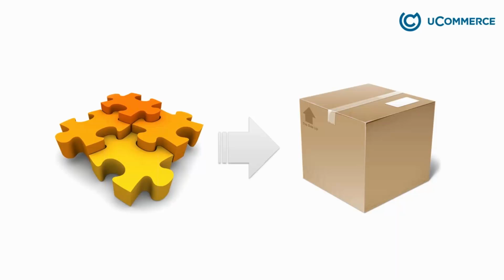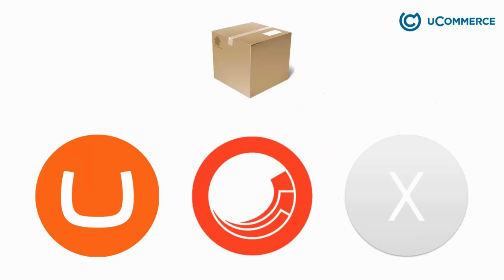What makes uCommerce apps a little more special and a little more interesting than your run-of-the-mill app platform is actually what also makes uCommerce interesting. The ability of uCommerce to run on multiple different content management systems, Umbraco and Sitecore, and even multiple versions of Umbraco and multiple versions of Sitecore, is extended today to include apps.